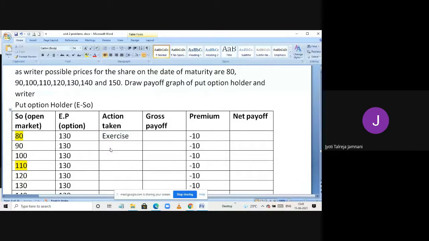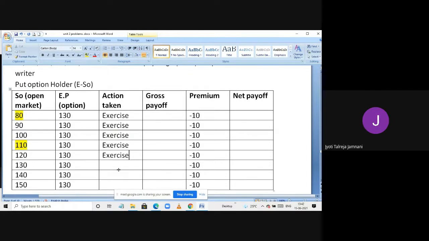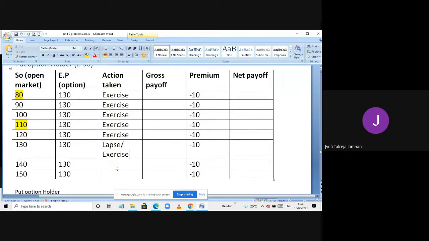Similarly, if I do E minus S naught for the second price, 130 minus 90, 40 rupees is the gain, it will get exercised. At 100 also it will get exercised, 110, 120, up to 120 it will get exercised. Then at 130, lapse or exercise doesn't matter because it is a no profit, no loss situation.